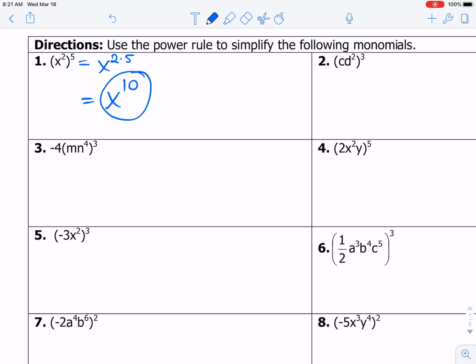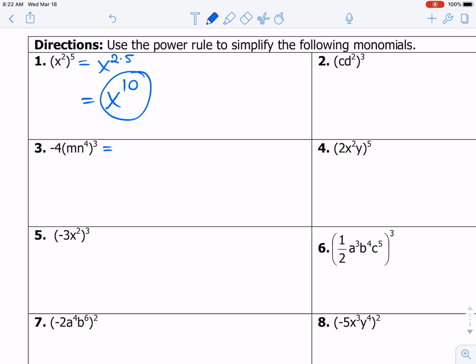See what you get. Number 3, I have negative 4, parentheses, m n to the 4th power, close parentheses, all quantity raised to the 3rd power. So the quantity in parentheses is raised to the 3rd power.